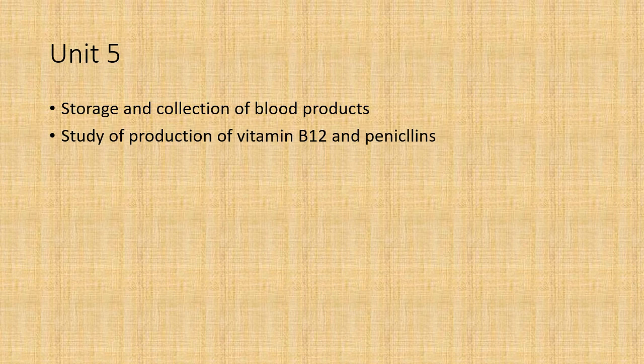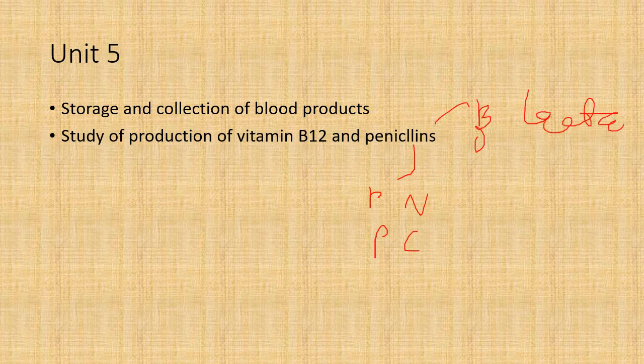Next you have to remember is the production of B12, that is cyanocobalamin, and penicillin. Penicillin is basically derived from Penicillium notatum and Penicillium chrysogenum. It is a beta-lactam antibiotic and degraded by beta-lactamase enzyme or penicillinase.